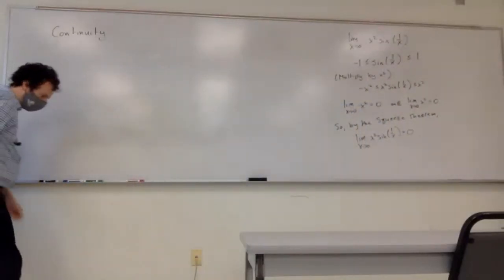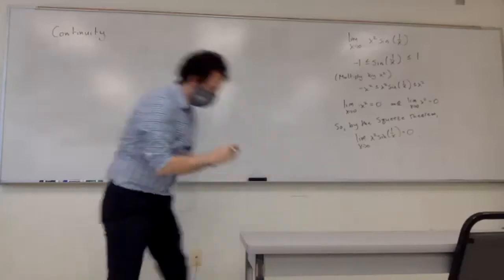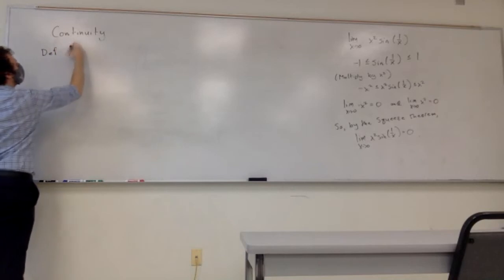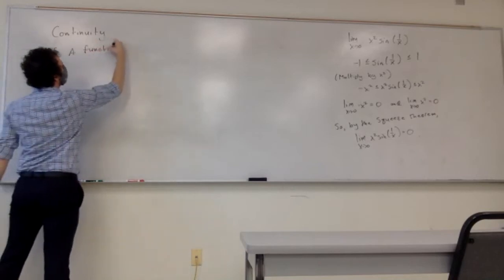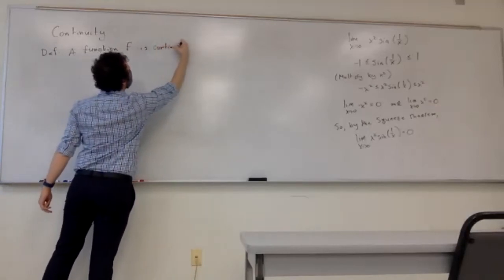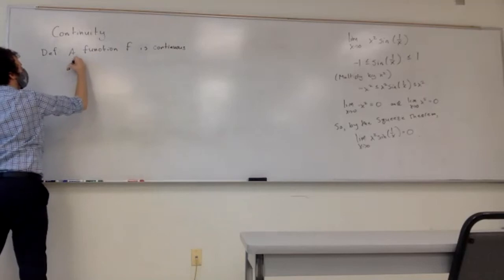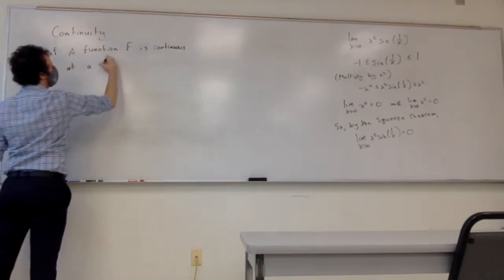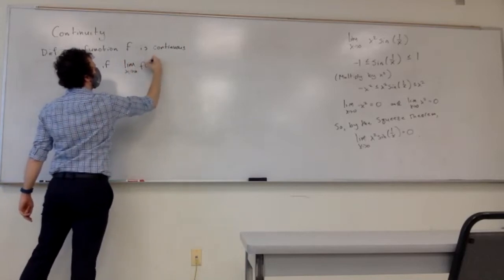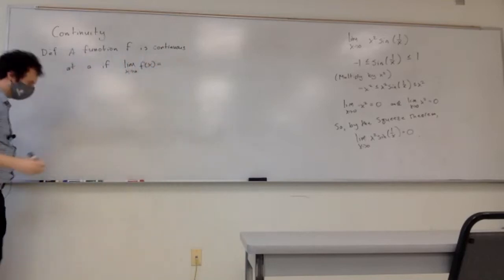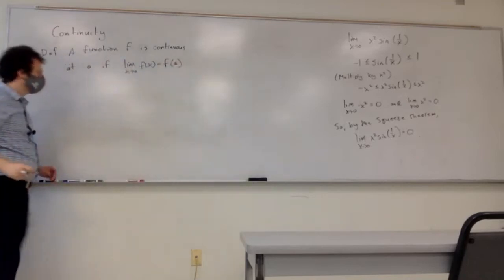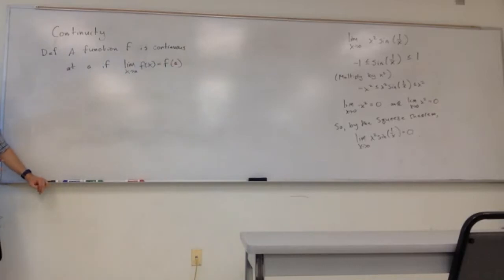So what we'll say is that a function f is continuous at a point A if the limit as x goes to A of that function f of x is equal to f of A. So you find the limit at A by evaluating.